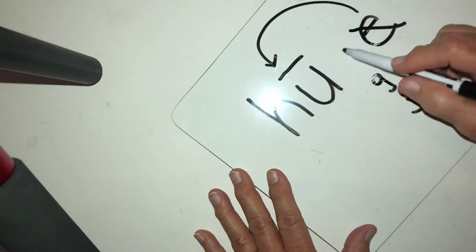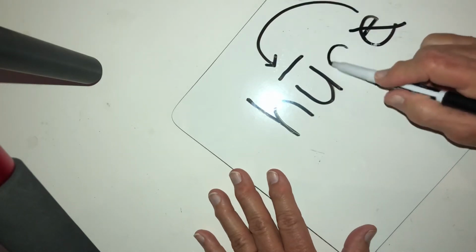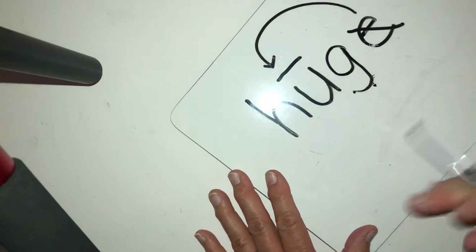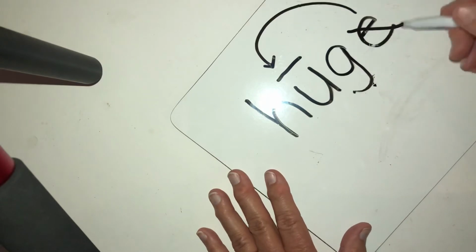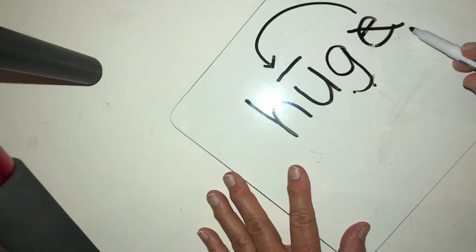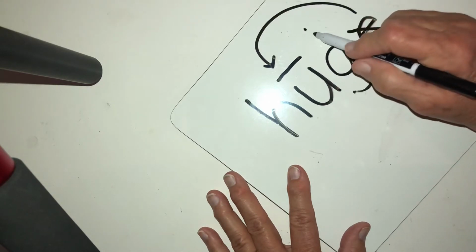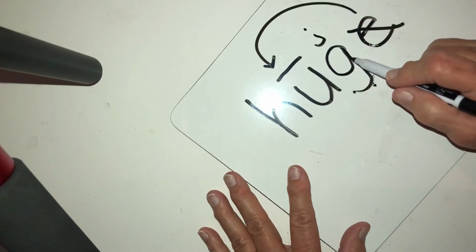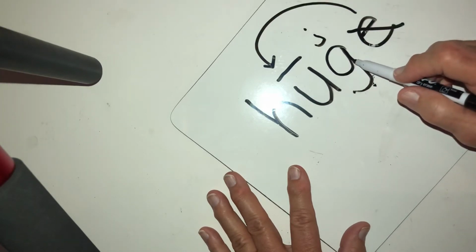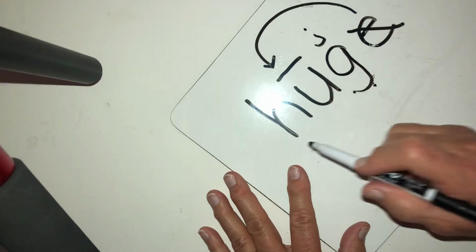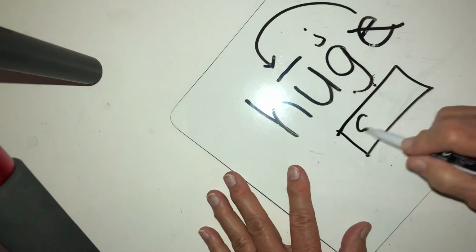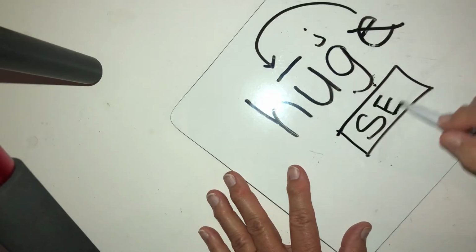But it also means that just because G is standing next to E, she can say her J sound. And in the word huge, do you hear it? You hear the J, but we use a G because this J sound is not at the beginning of a word or the beginning of a syllable. Yet again, it is a silent E word.